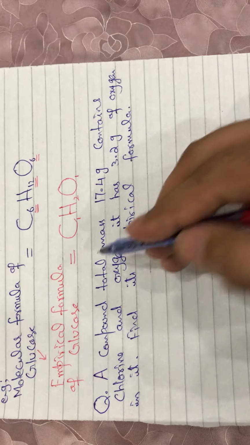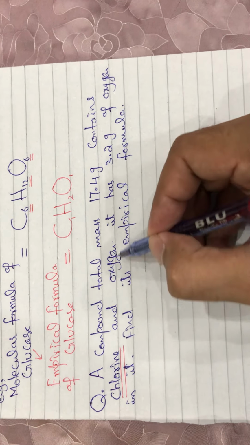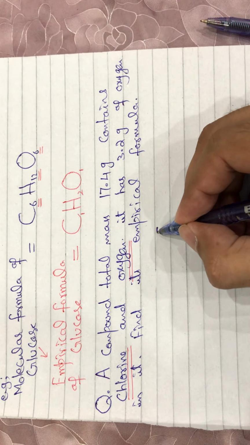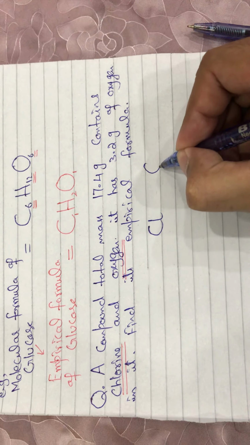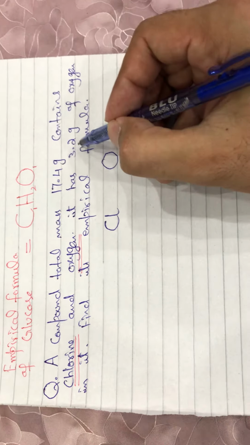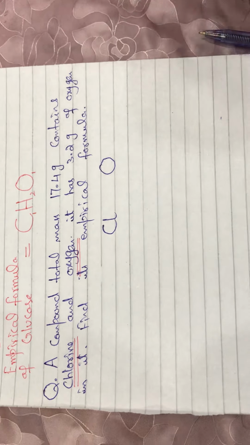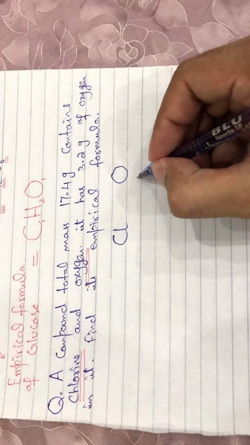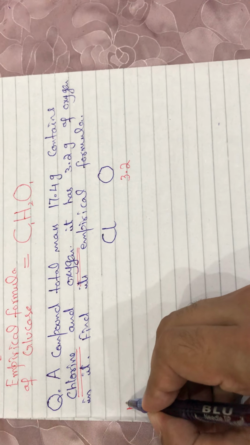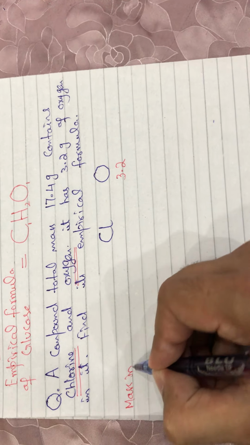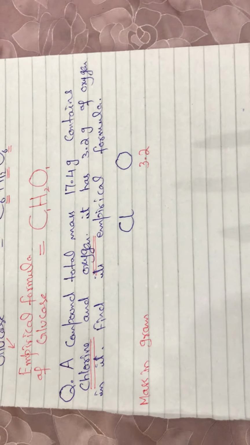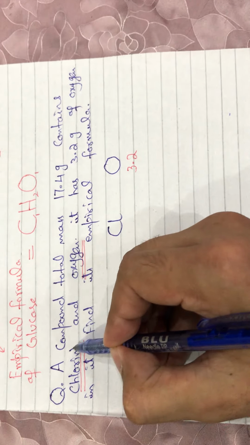There are two types of elements present in the compound. One is chlorine, the other is oxygen. We write these two elements first. The first information that we have is the masses. The mass of oxygen is 3.2 gram; mass in gram is given to us. But what about chlorine?